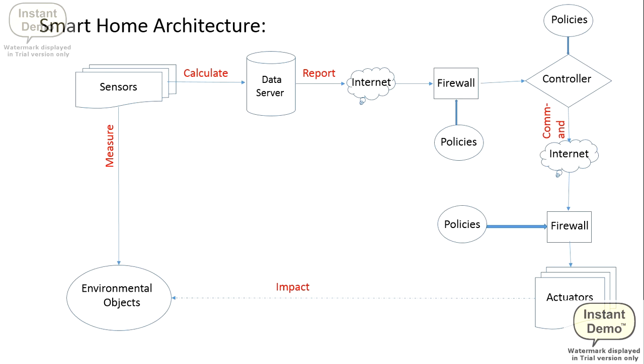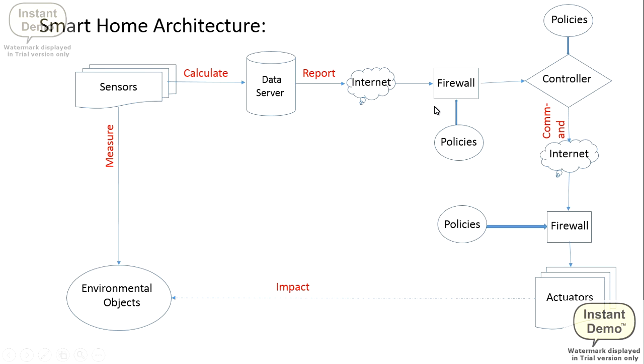Because of using the internet, we are planning to implement a firewall between the internet and the controller. This firewall will be an automated rule generator, and there will be some policies.